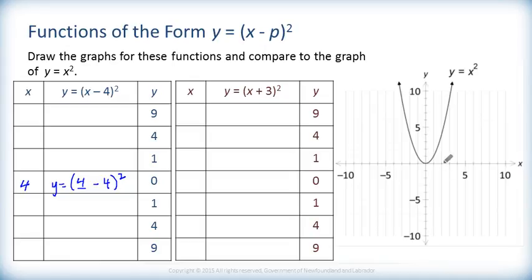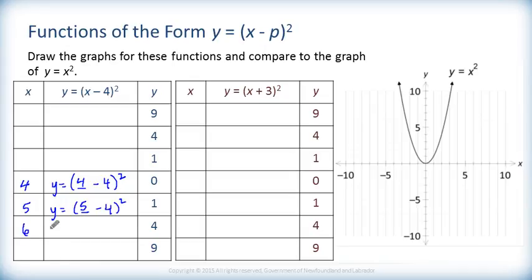Likewise, on the base graph, I would have had a point at 1, 1. So if I put in x is 1, I would have got 1 for the y value. Well, what number minus 4 will give me 1 inside these brackets, because I've got to square 1 to get 1? The answer to that is 5, so I must have started with a 5.